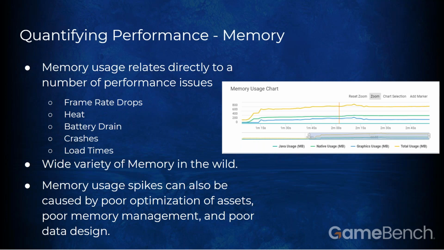So memory usage spikes are critical to catch early on and think about in terms of how your assets are optimized, how your data structures are organized within your code, and how, if you're using a managed language or a managed framework where you have garbage collection, how are these things being triggered? Where are they being triggered? How can we control them?